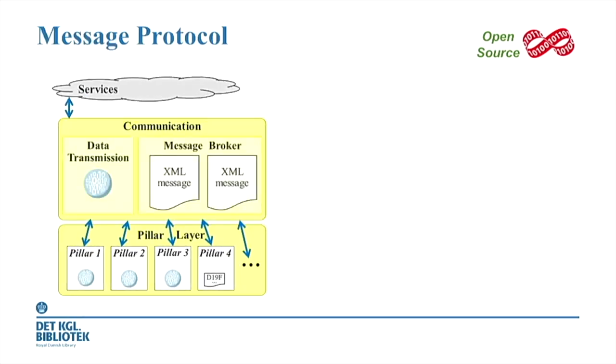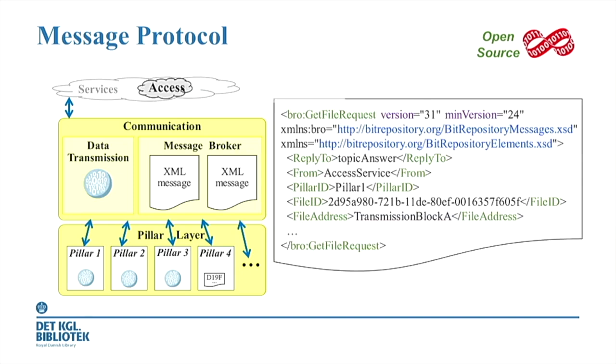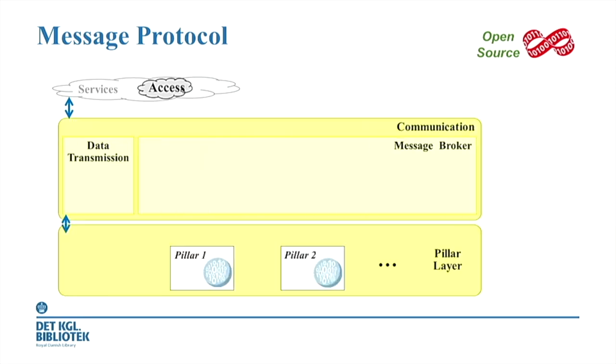So if we look at that, what you have here is communication, data transmission, and a message broker down to where the copies are. If we take an example, it's just an XML message for access. You can send a get file request, which just specifies different data. And if we look at what happens, it sends this via the message broker to the pillars that each have their copy.